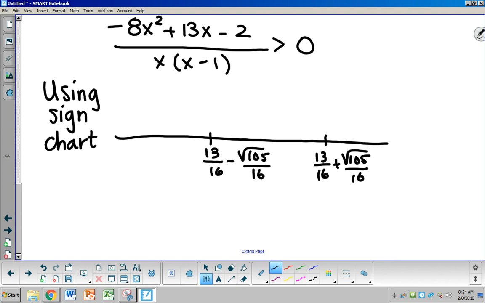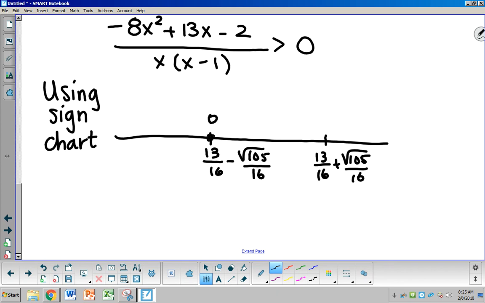Now, I have no idea what those numbers are, but could I approximate? What's the number that we know the perfect square of that's close to 105? 100, okay, so the square root would be approximately 10 over 16, so 13 over 16 minus 10 over 16 is about 3 over 16. Is that bigger than 0? Yes. Is it less than 1? Yes, okay, that's good. And then this one's going to be close to 23 over 16, which is bigger than 1, okay?